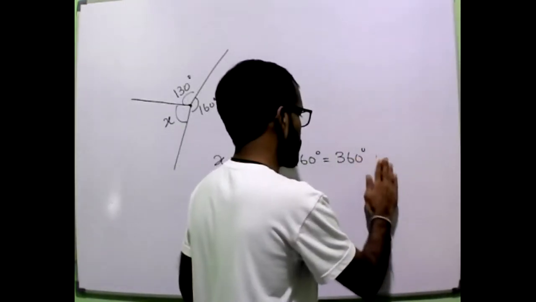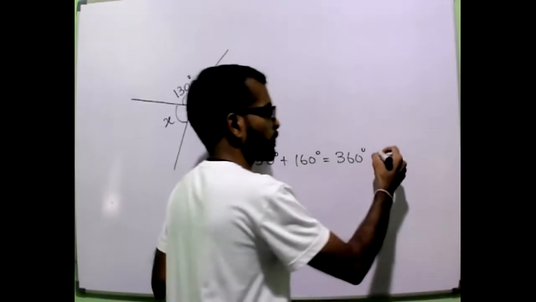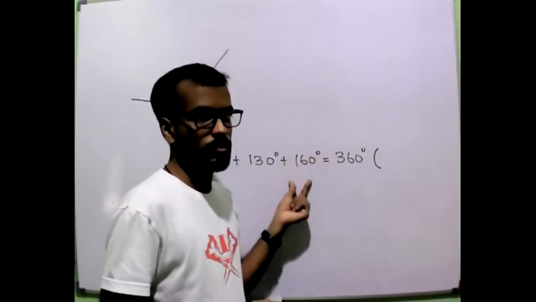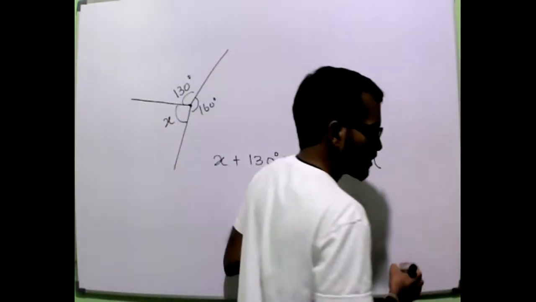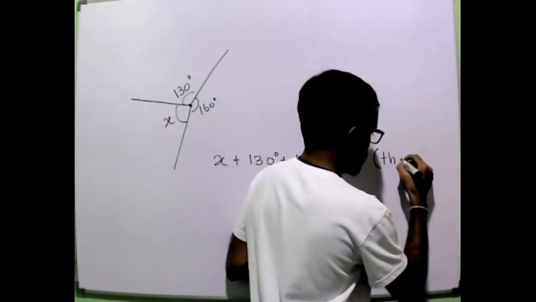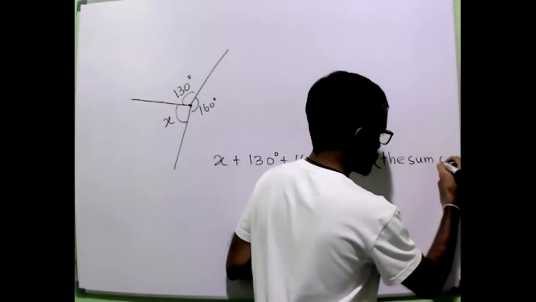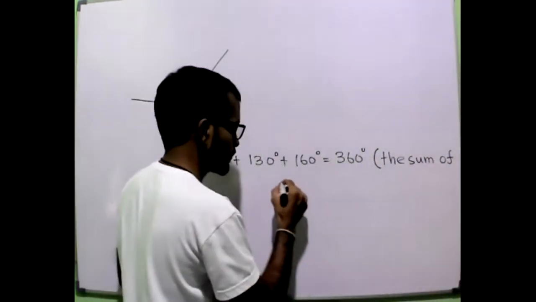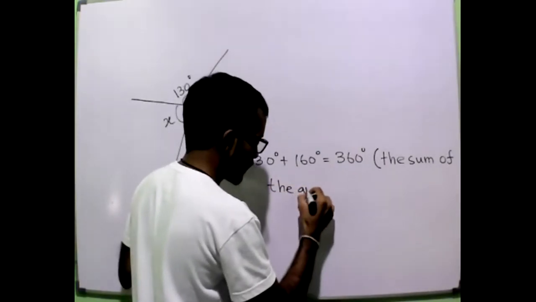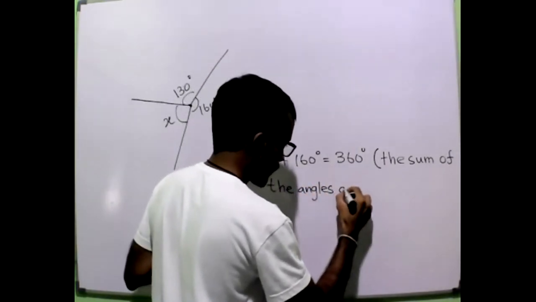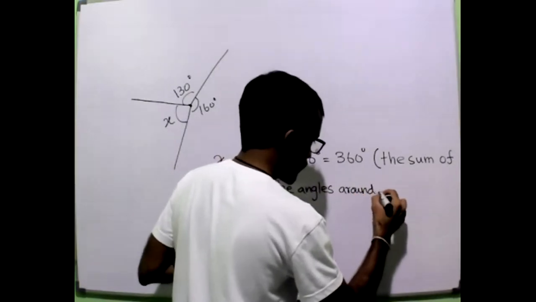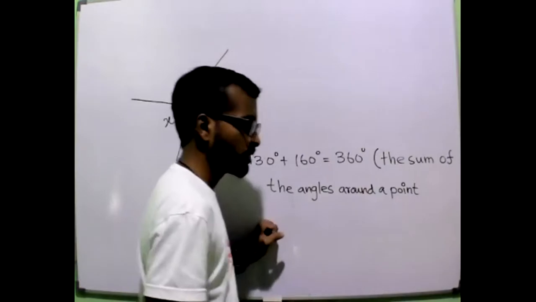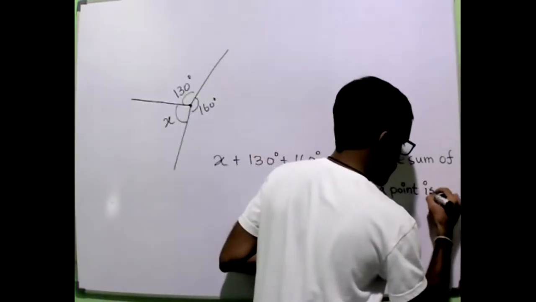Inside brackets, you write the reason: the sum of the angles around the point is 360 degrees.